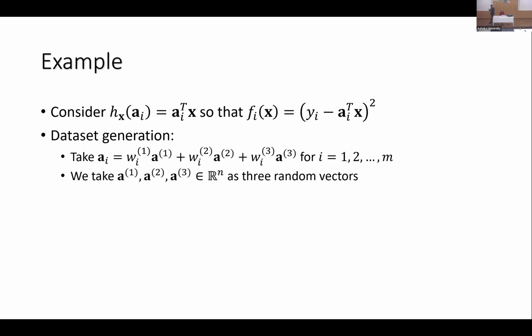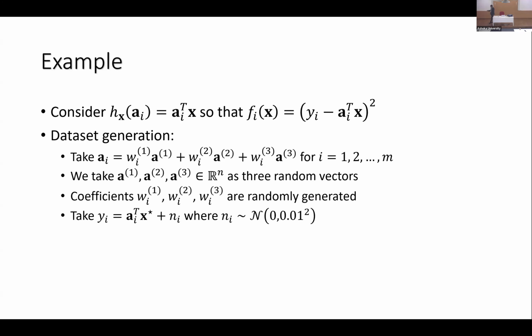The coefficients are randomly generated. Then I put y_i equal to a_i transpose x star, where x star is some arbitrary value in the code, and add some noise, a very small amount of normal noise with 0 mean and variance 0.01 squared.